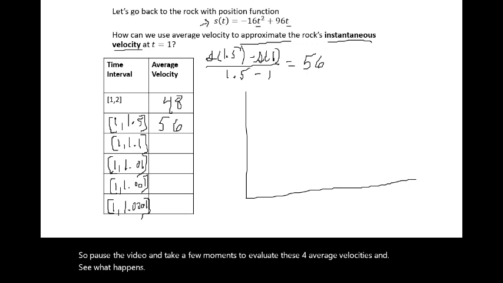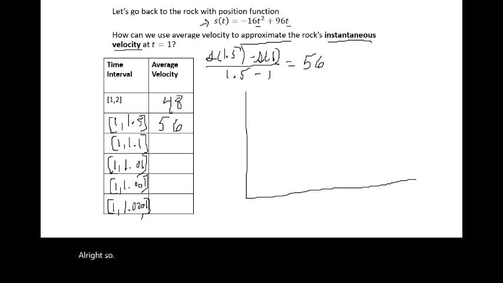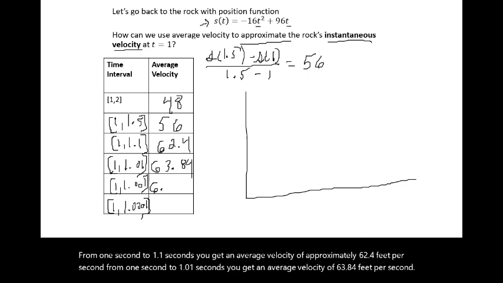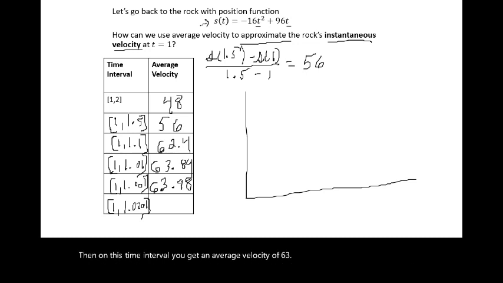All right, so from 1 second to 1.1 seconds, you get an average velocity of approximately 62.4 feet per second. From 1 second to 1.01 seconds, you get an average velocity of 63.84 feet per second. Then on this time interval, you get an average velocity of 63.98 feet per second.